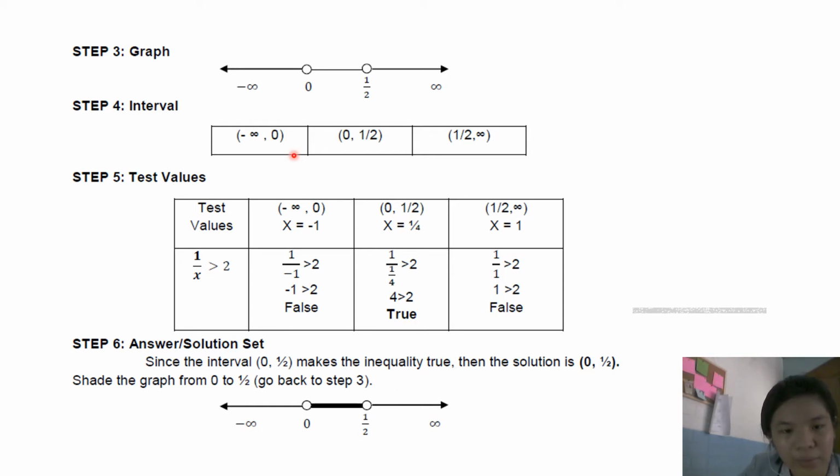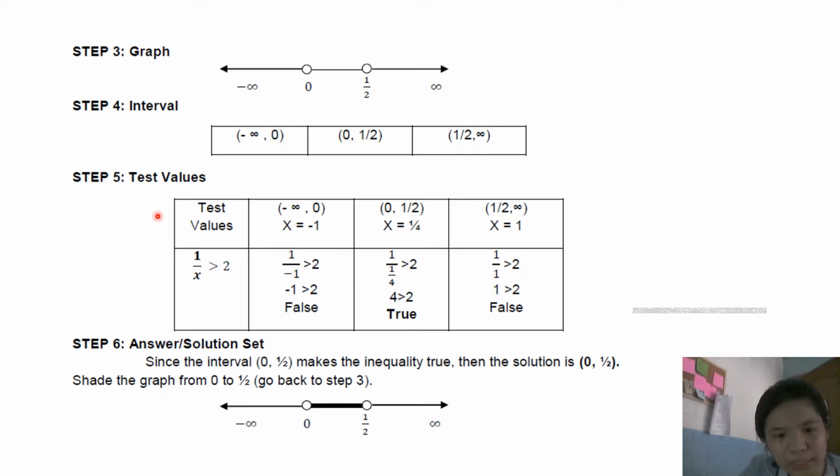Kung naalala nyo, yung interval, yun yung diniscuss natin na either open parenthesis or bracket. Okay. So, yung sa gitna naman natin, we have 0 and 1/2. Since they are both open circle, open and close parenthesis lang sila. And lastly, open parenthesis, 1/2, comma, positive infinity, close parenthesis.